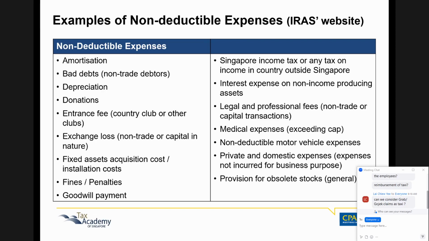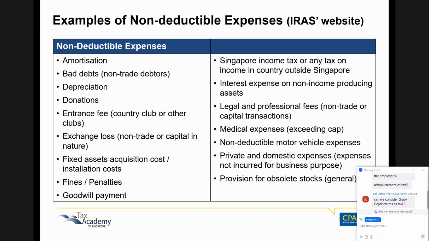Then we have entrance fees, for, let's say, a country club or other club. This entrance fee is a one-time fee that you pay in order to join the club. Then we have exchange losses that are non-trade or capital in nature. Then we have the fixed assets acquisition cost, installation cost.